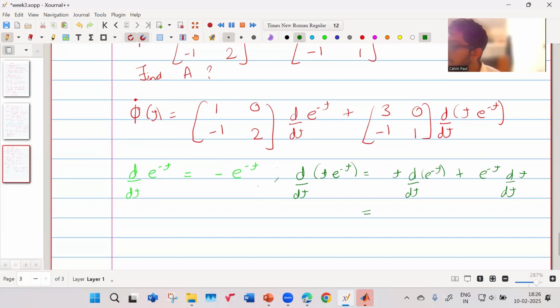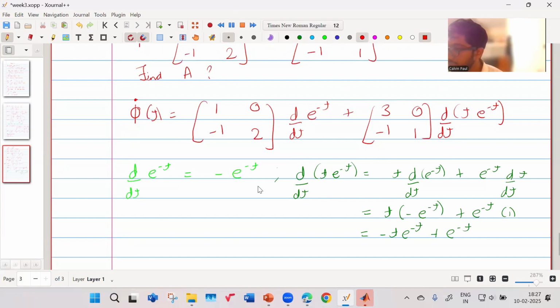So that is equal to t into minus of e to the power minus t plus e to the power minus t into 1. So that's why it is minus t e to the power minus t plus e to the power minus t. Okay, so this is your phi dot of t, right?